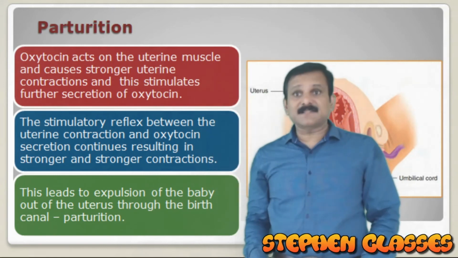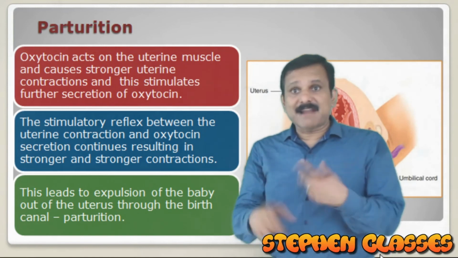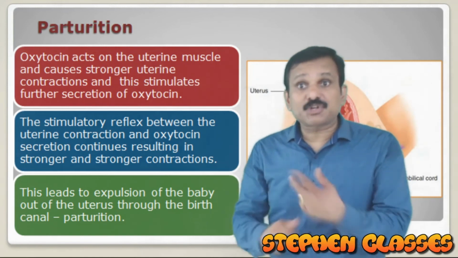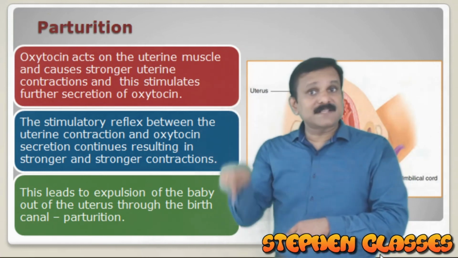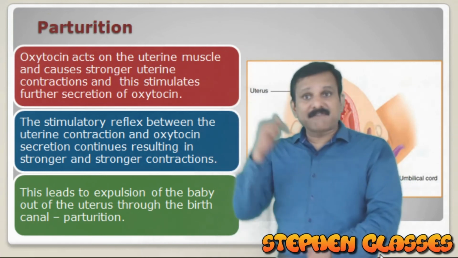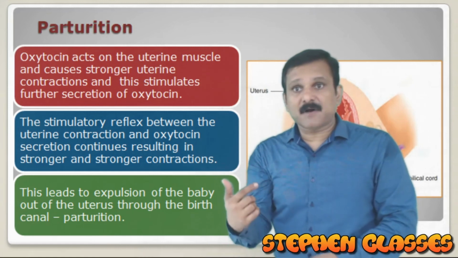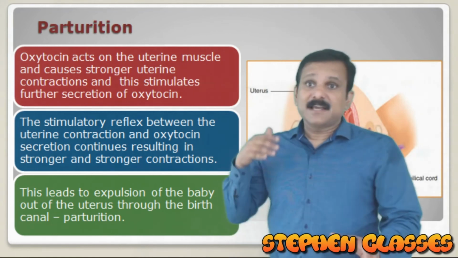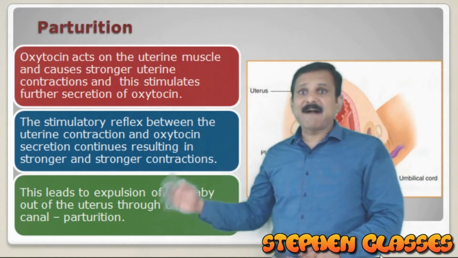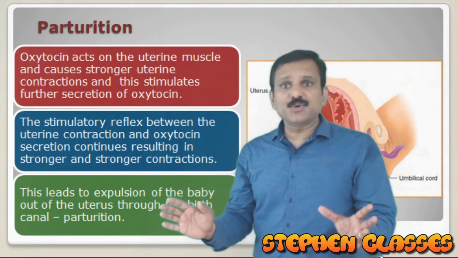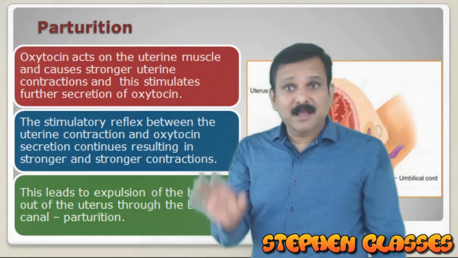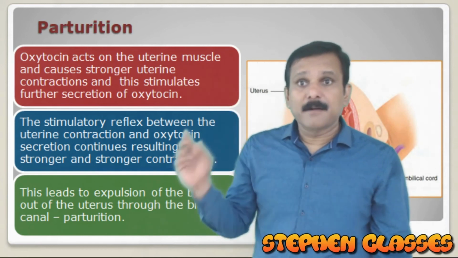And once oxytocin is released, the contractions of the uterus will become stronger and stronger. With more contractions, more oxytocin will be released. So the contraction as well as the release of oxytocin will increase in such a manner that finally it will result in expulsion of the baby out of the uterus through the birth canal, and that results in parturition.